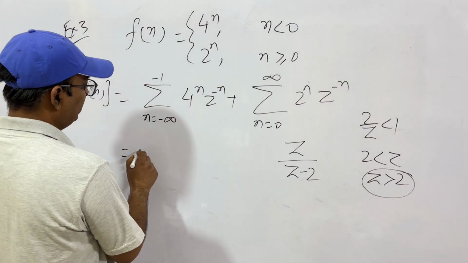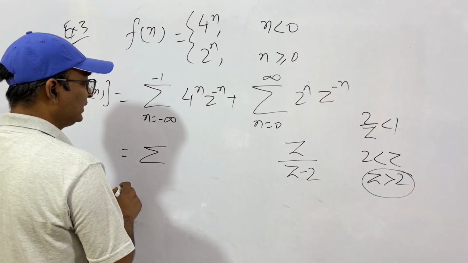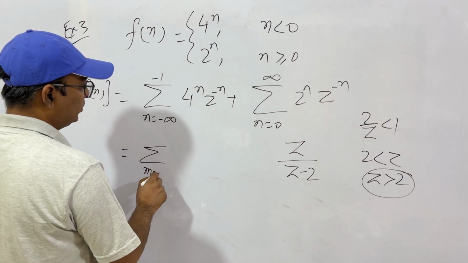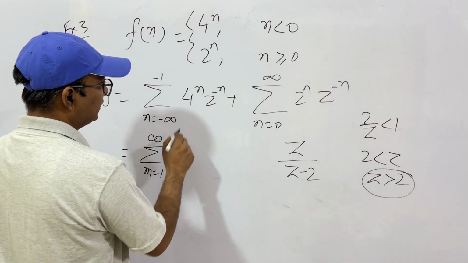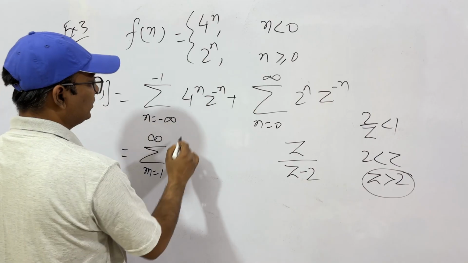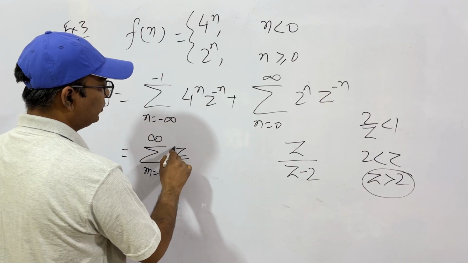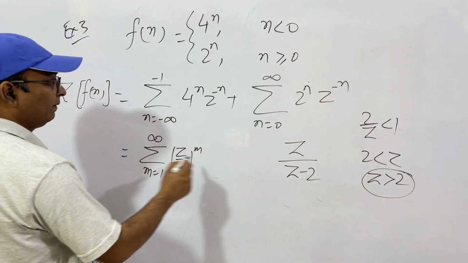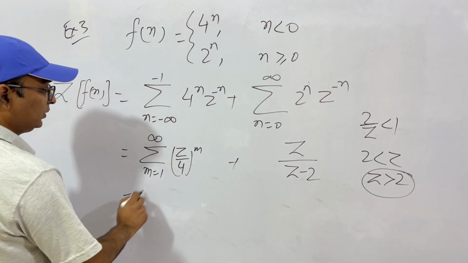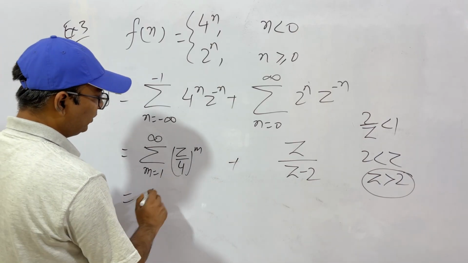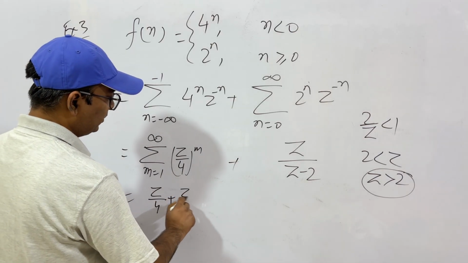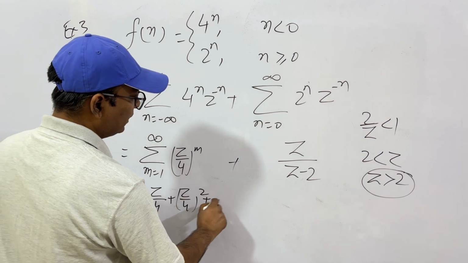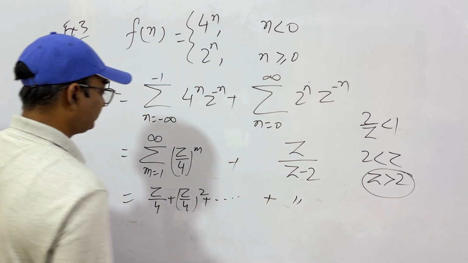If we take m equal to minus n, we will have m equal to 1 to infinity, and this will be 4 to the power minus m. So what we will have is (z by 4) to the power m. When you put 1, it will be z by 4, then (z by 4) square, and so on, plus this one.